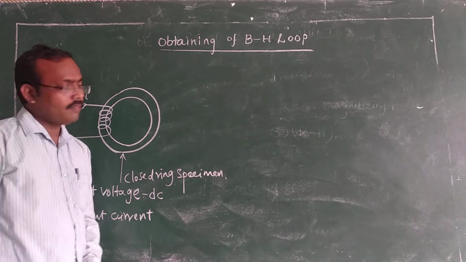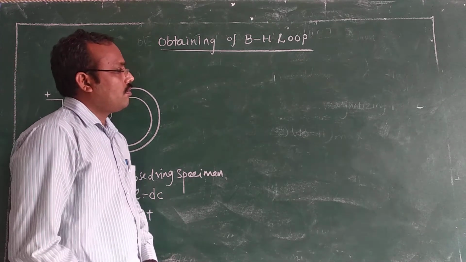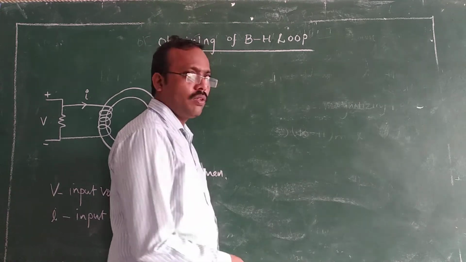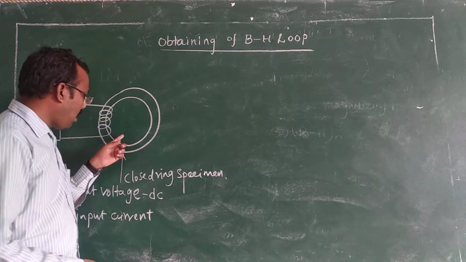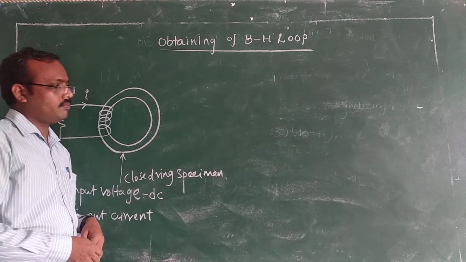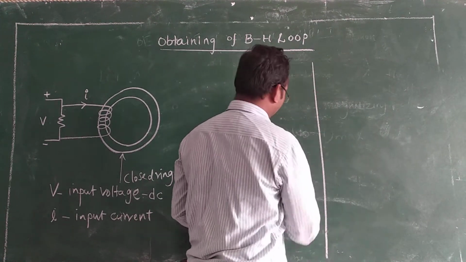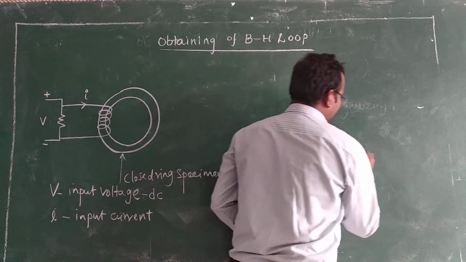Now we'll see what the hysteresis loop or BH loop is and how we obtain it from this setup. This is your BH loop, on an XY plane.